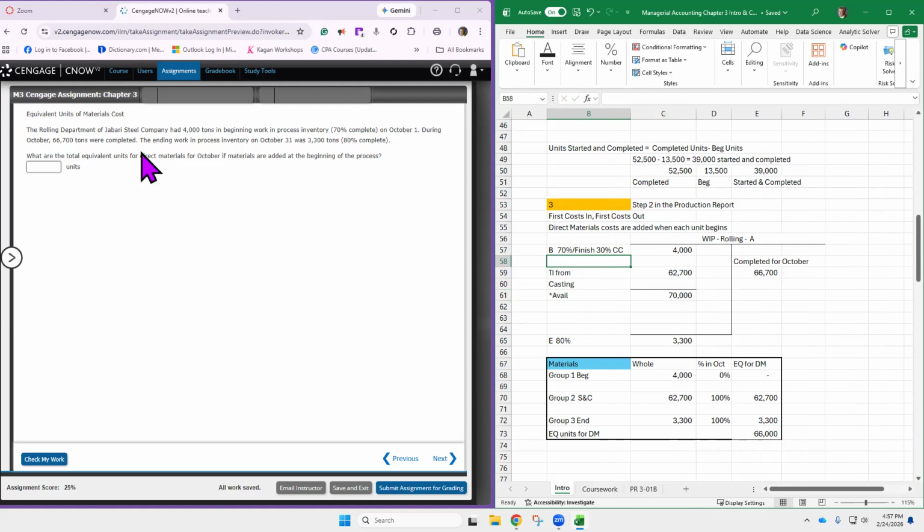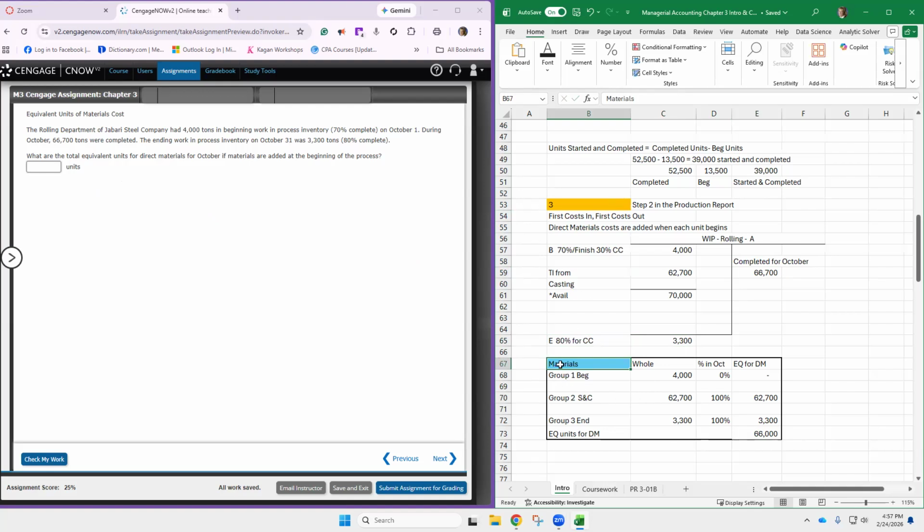So transferred in from the process before, which is casting, here's the number completed, 66,700 tons. And then ending inventory had 3,300 in it. That is 80% complete for conversion costs.